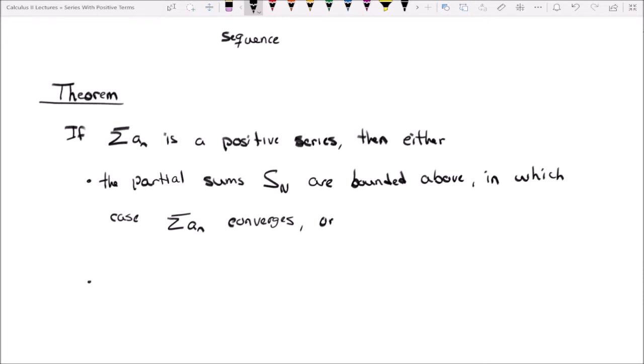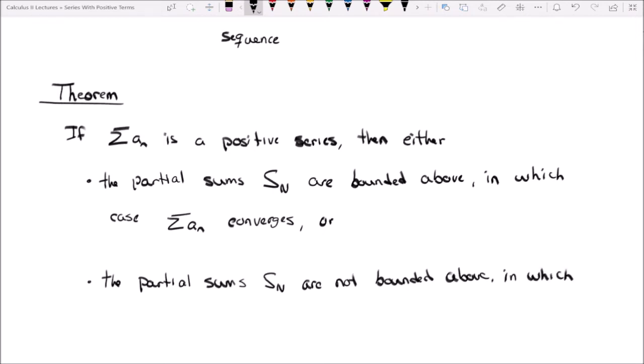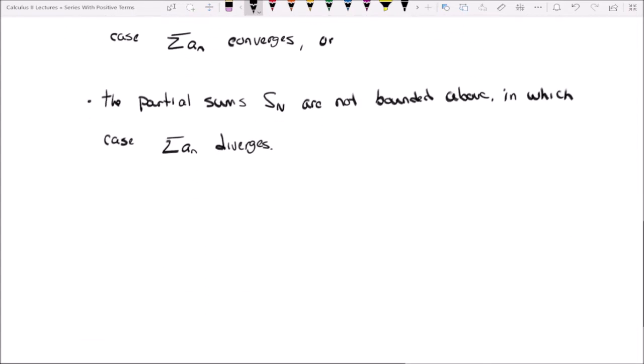Or, number 2, the partial sums are not bounded above, in which case the series diverges. These are the only two possibilities for positive series.